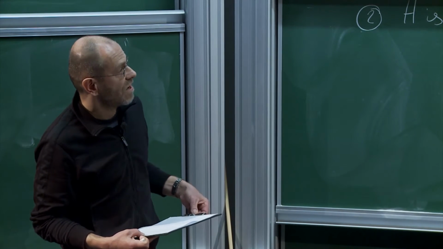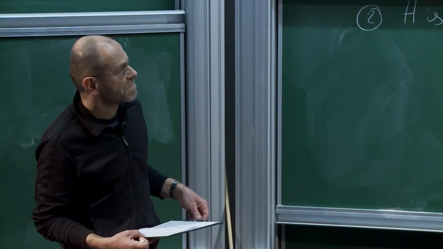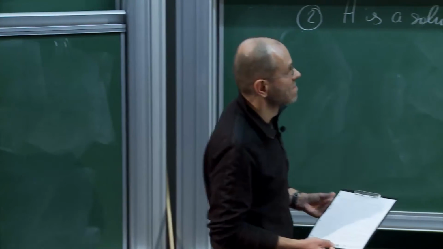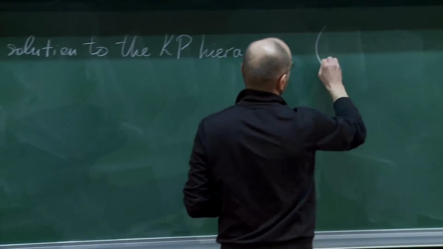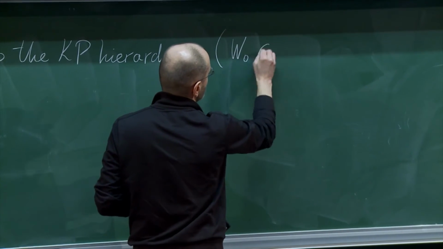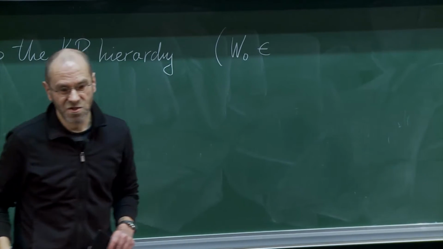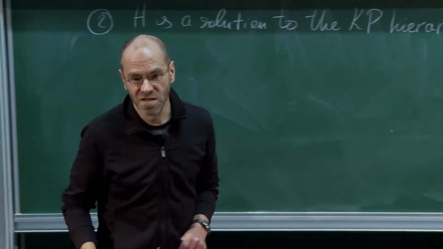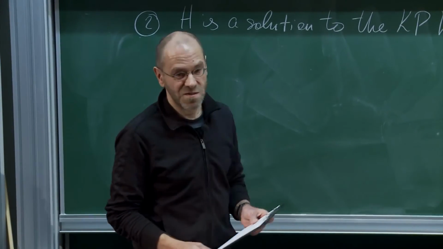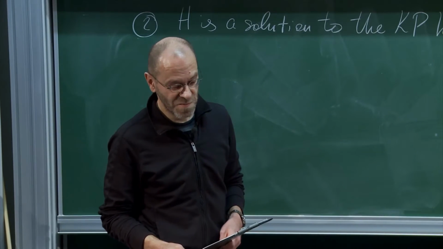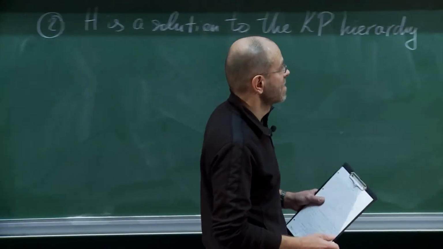But here it's almost automatic because the operator w naught belongs to the Lie algebra of the Lie group that acts transitively on the space of solutions of KP hierarchy.